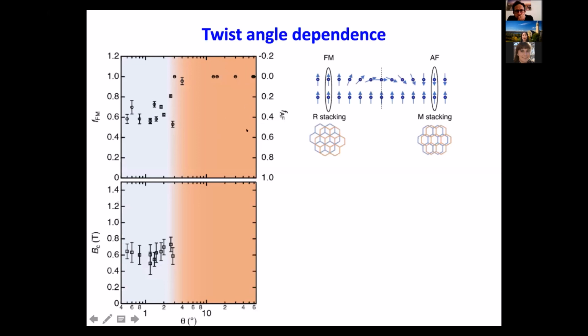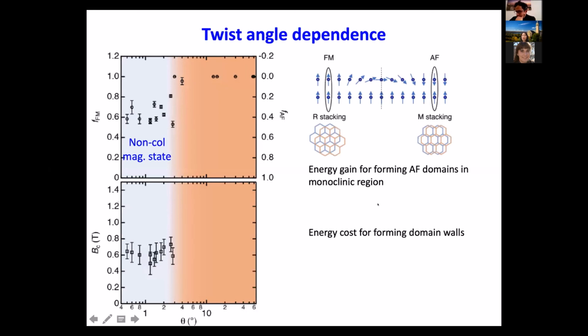So that's why at the larger twist angle, everything is ferromagnetic. But if you are at a smaller twist angle, it is possible that you break into domains. And then somewhere in the middle, there should be a transition, and you would expect to have some non-collinear phase coming out. And that's this area.